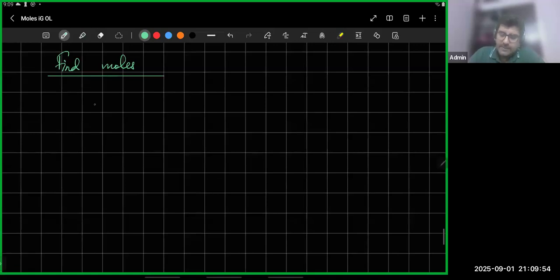So let's say I've got 40 grams of calcium oxide. Find the moles, right? So the formula is, for moles, there's a symbol that's often used, and that's N. So moles is mass divided by molar mass, right?